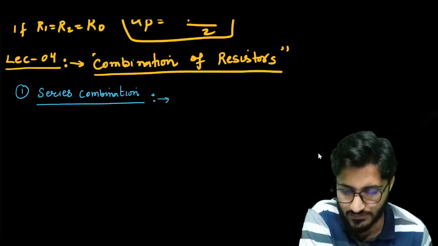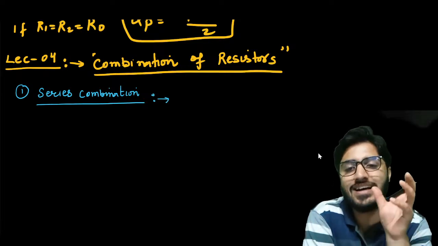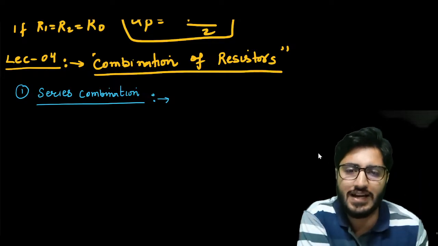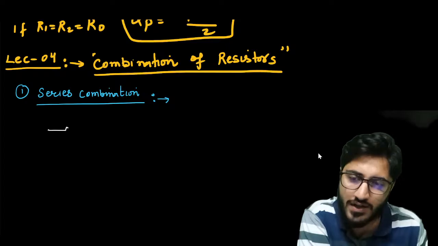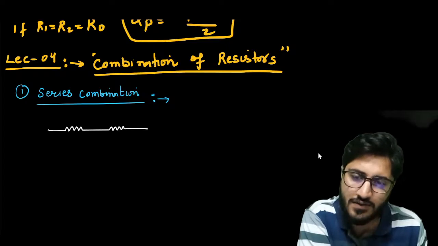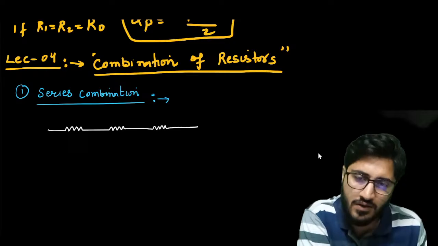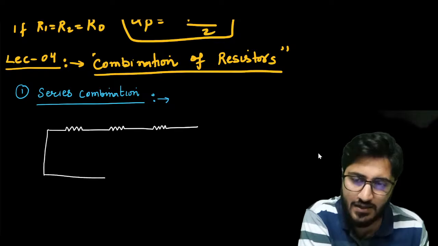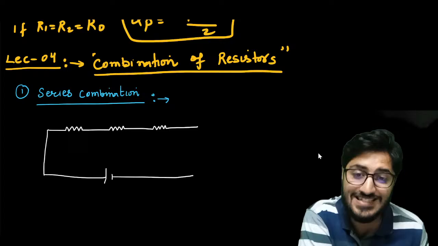The whole motive is to get the equivalent resistance. Suppose we have one resistor, a second resistor, and a third resistor, and we connect these three resistors in series.